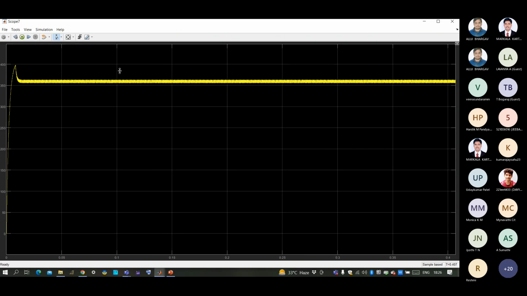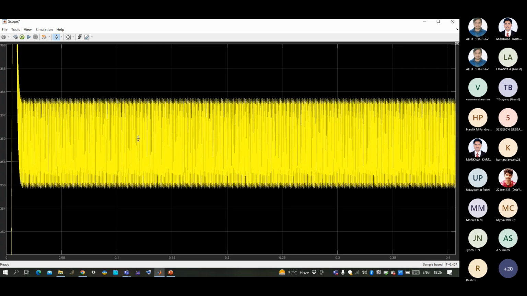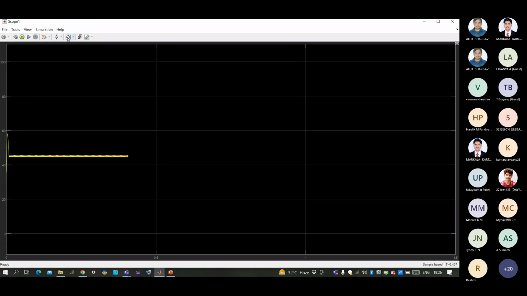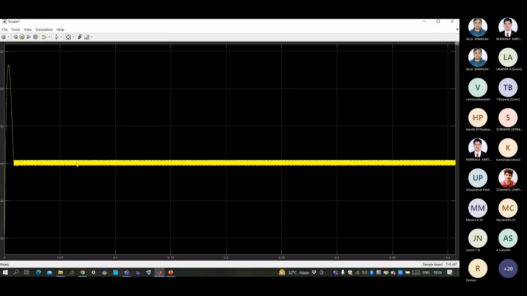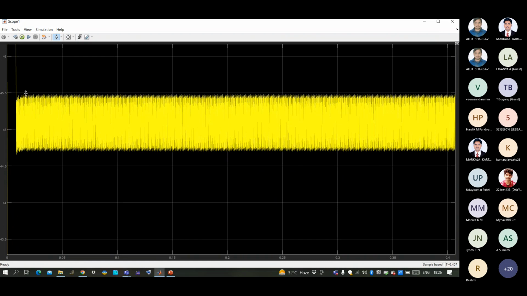I have asked to maintain 360 volts. It is maintaining 360. And now let's see what the D value is. So it is maintaining 45 degrees. So it will be 45.